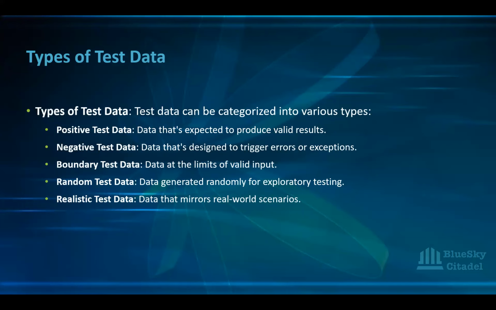The same thing goes for the negative test. If you put the wrong test data for a negative test, you're actually not doing the negative test. So for the negative test data, you need to be able to create your own test data. Those types of test data will trigger errors or exceptions in your test.